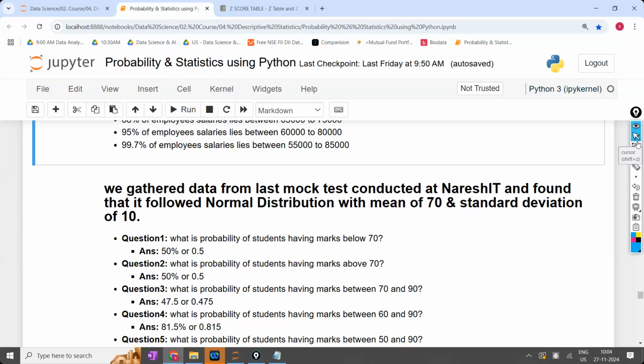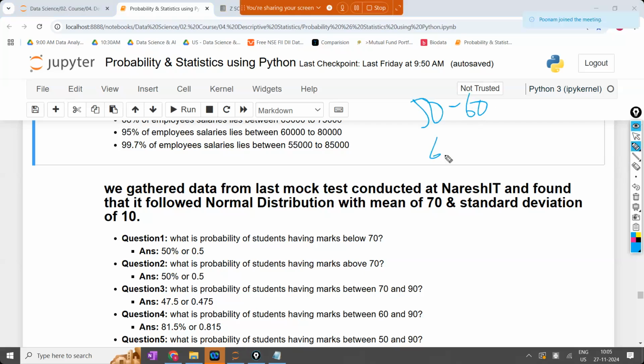That is minus 2 sigma to plus 2 sigma, 95%. 50 to 90 means 50 to 60, 60 to 70, 70 to 80, 80 to 90. Four of them you have to add: 0.135, 0.34, 0.34, 0.135.